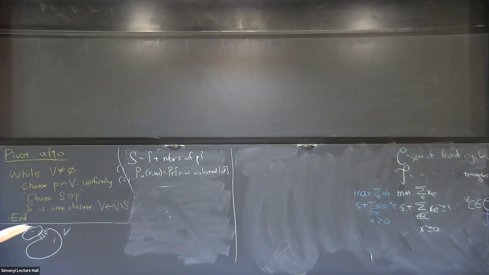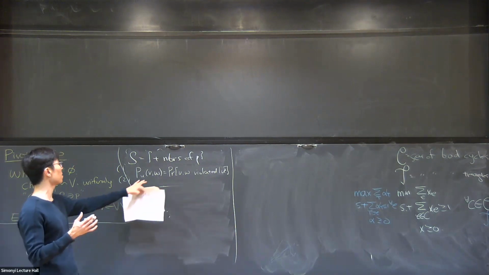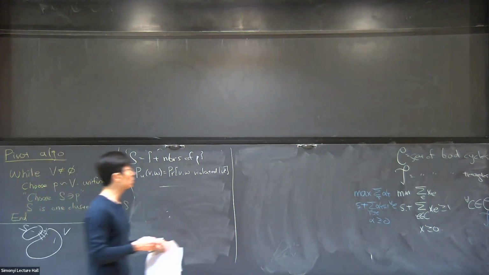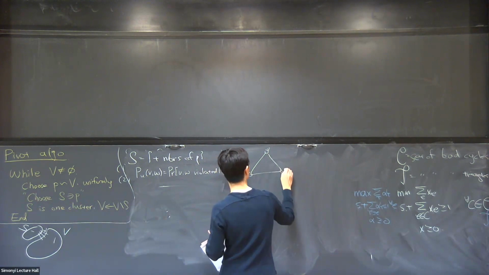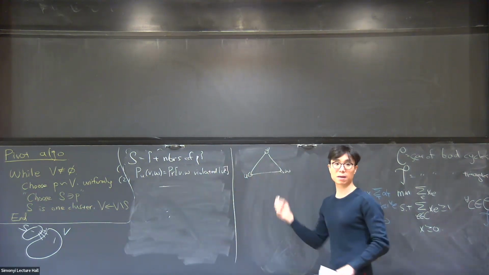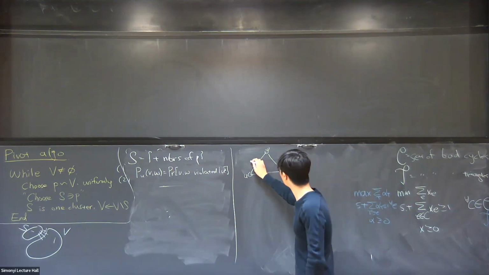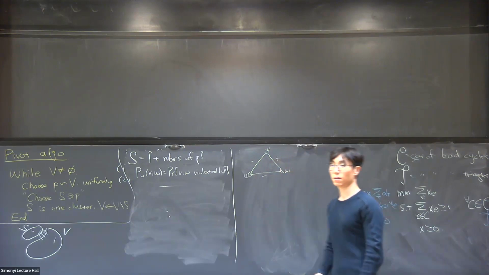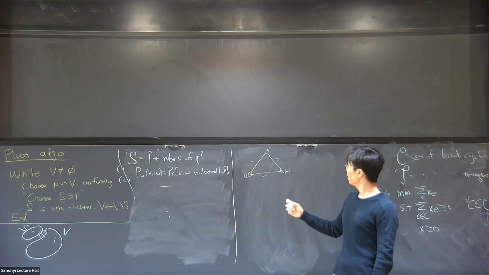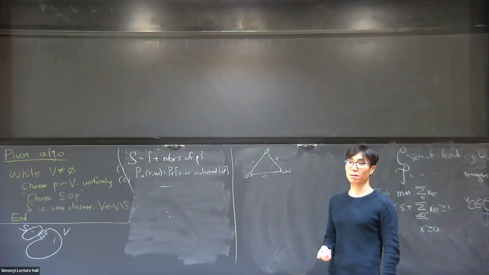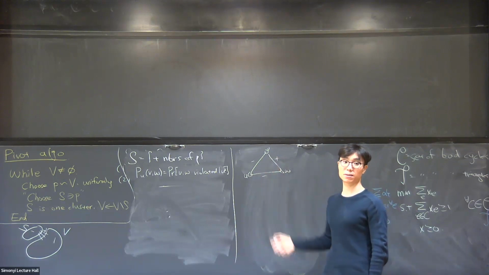Let's look at UVW again and see what kind of triangles will allow this to happen. There are eight possible sign patterns. One can see that if a triangle is consistent, meaning it is not a bad triangle, then whatever your pivot is, it's not going to violate the other edge.